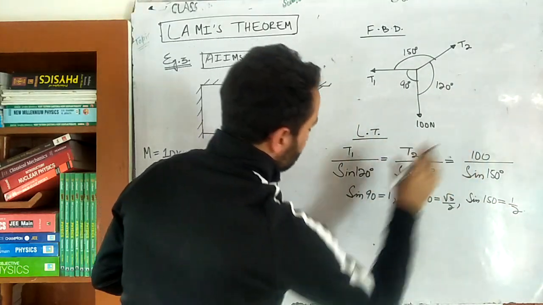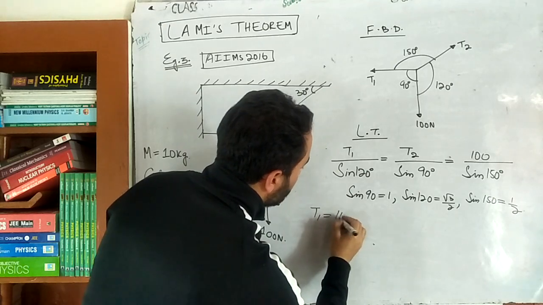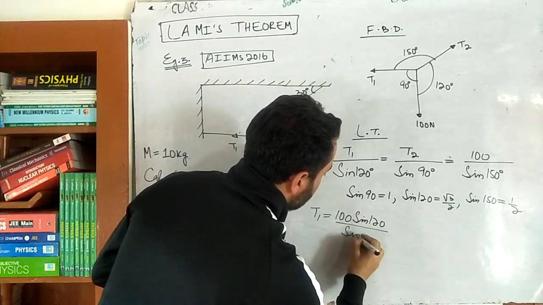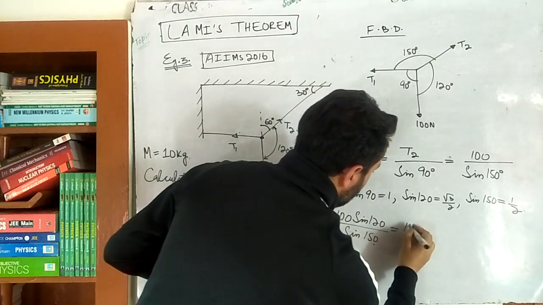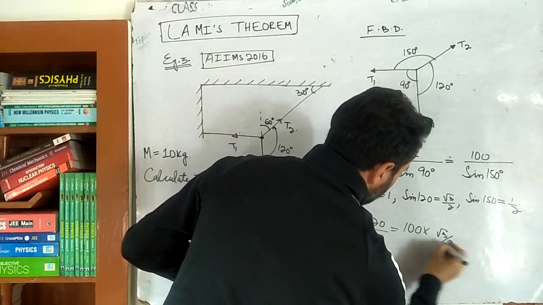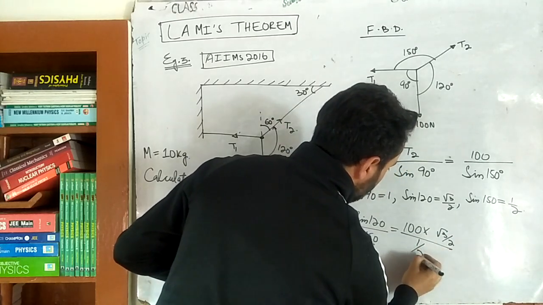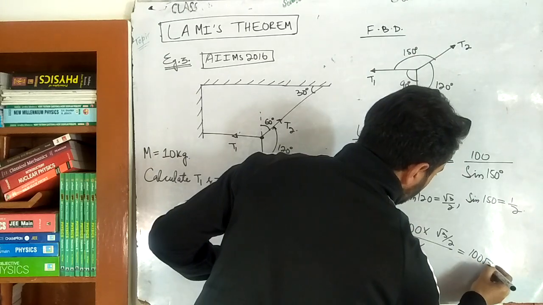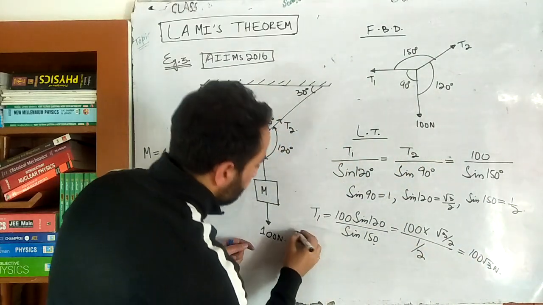Okay, so equate first with the third. So T1 will be equal to 100 sine 120 divided by sine 150. 100 multiplied by sine 120 कितना बेटा? Root 3 divided by 2 divided by sine 150, 1 by 2. This 1 by 2 will cancel. So we are left with 100 under root 3 Newton. Answer. T2.